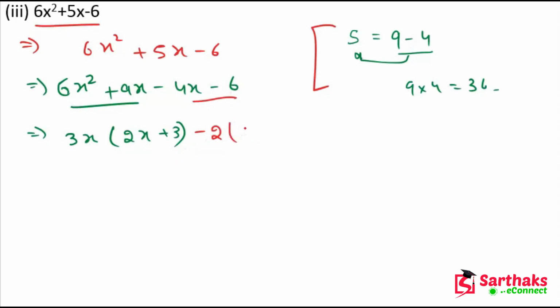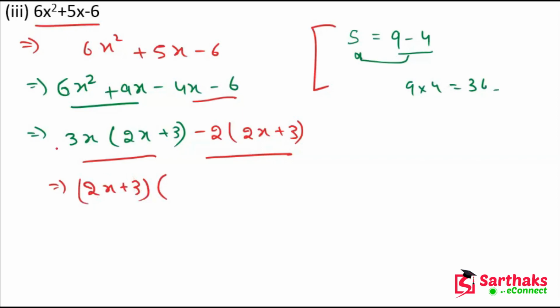So this will become 2x plus 3. So now we have two terms with 2x plus 3 as a common factor, so we can take 2x plus 3 common. The remaining part will be 3x minus 2. Okay, so these are the factors of the polynomial 6x square plus 5x minus 6.